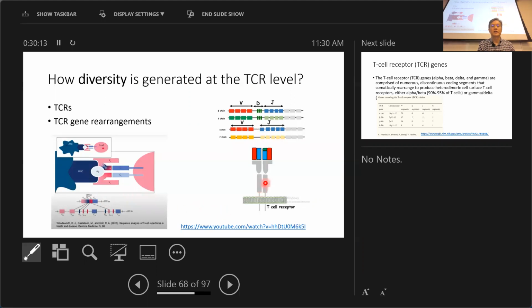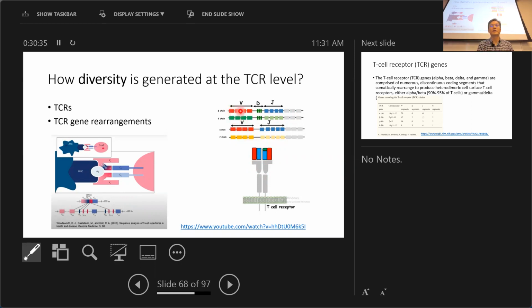As I said, this receptor contains multiple subdomains, and these genes are created by V, D, and J subdomains, and each of V, D, J has a cluster of genes to encode their peptides.